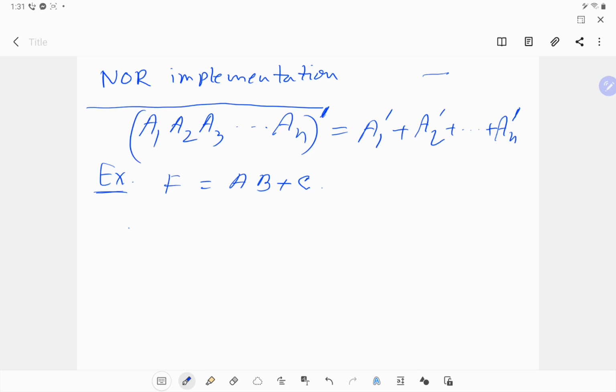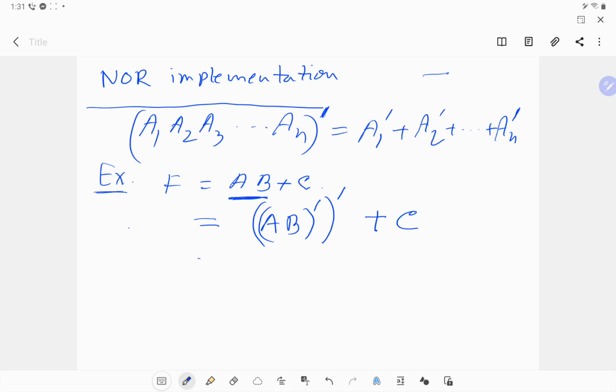How many AND operations do we have in this function? Only one AND operation, AB, between A and B. So now what do we do? We apply the De Morgan theorem here on AB. In order to do so we put a complement here and then another complement, plus C.